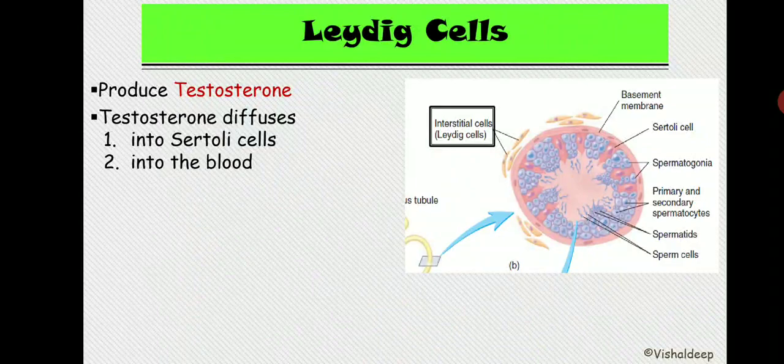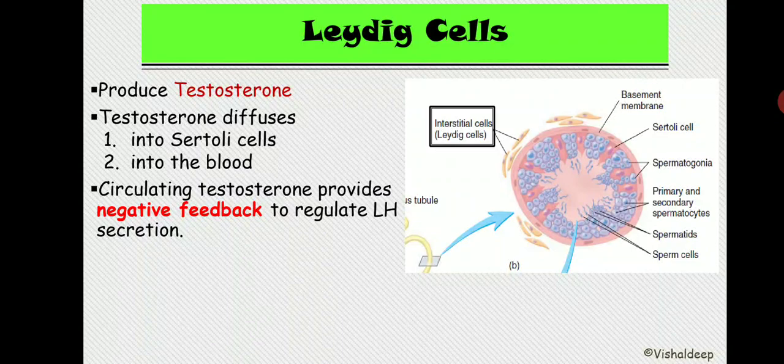Now this circulating testosterone that enters the blood circulation will be responsible for the negative feedback effect that eventually regulates LH secretion. Here's the thing, this testosterone will give negative feedback to LH secretion. It does not give negative feedback to FSH.